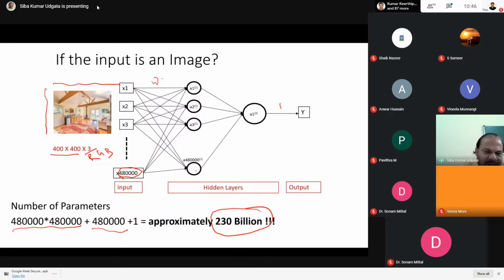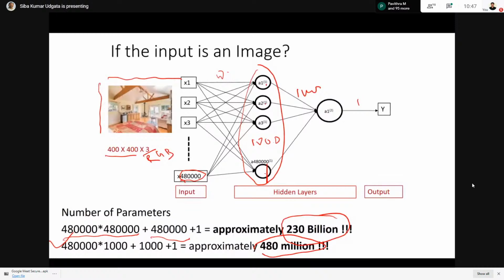Then these 1,000 here, and then 1,000 plus 1. But that is also again 480 million. 1 million equals 10 lakh, so you can multiply that, right? Once you multiply that, you get 480 million weights. So you look at the complexity. 480 million parameters need to be adjusted such that you provide an input and the desired output will come.